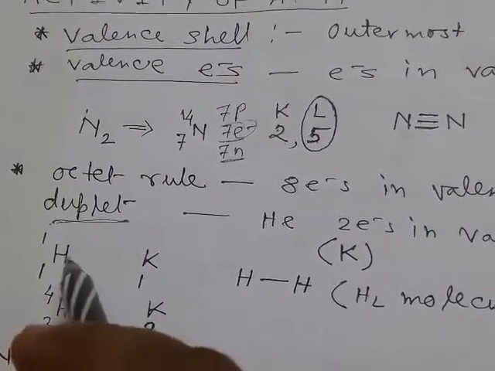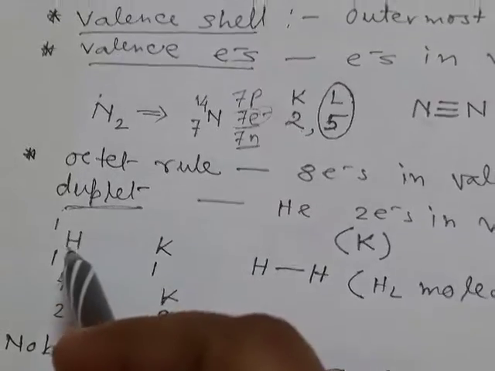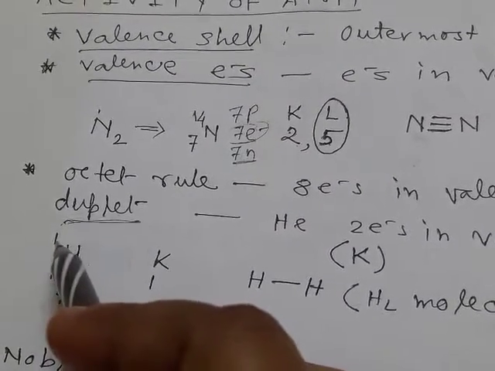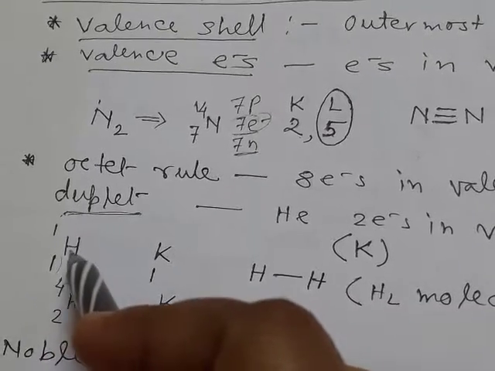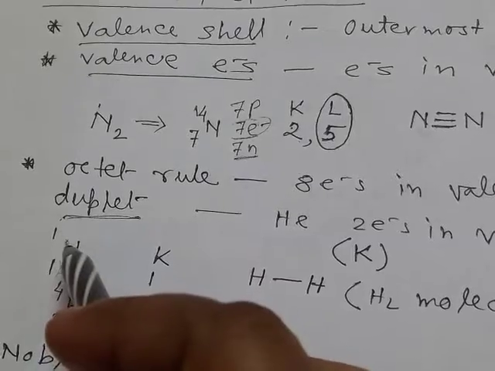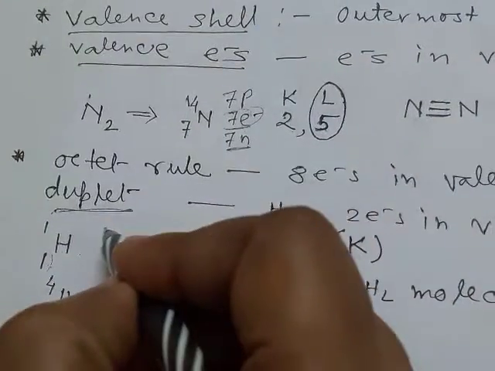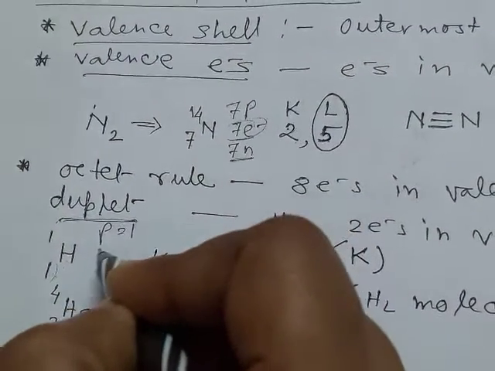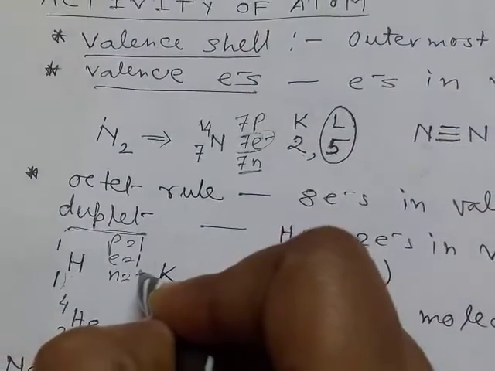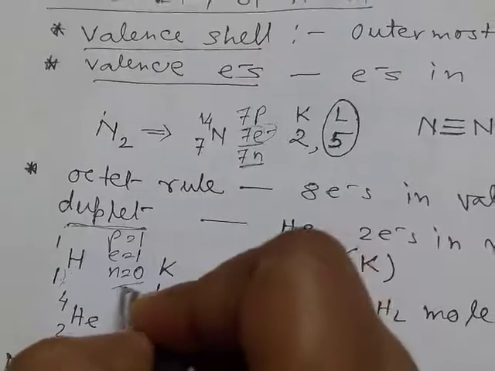Now if we consider the hydrogen atom, the atomic number is 1 and the mass number is 1. So the number of protons is 1, the number of electrons is 1 and the number of neutrons is 1 minus 1, that is 0.